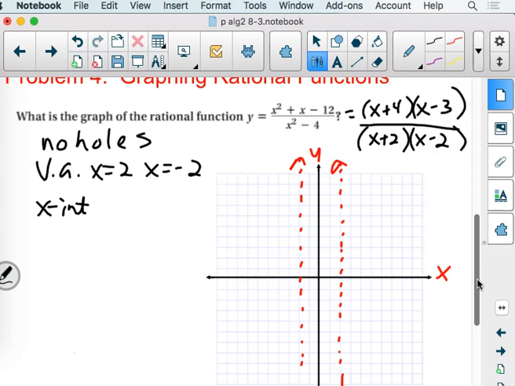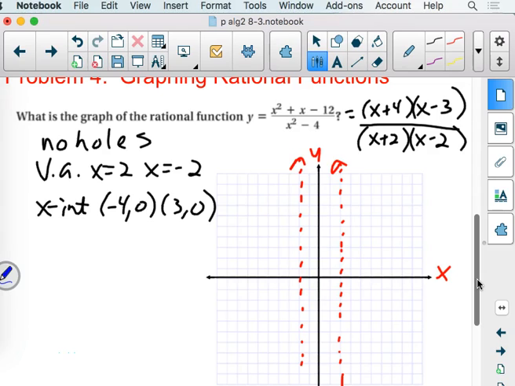Zeros in the top: negative 4 and 3. There it is. Let's put those on.